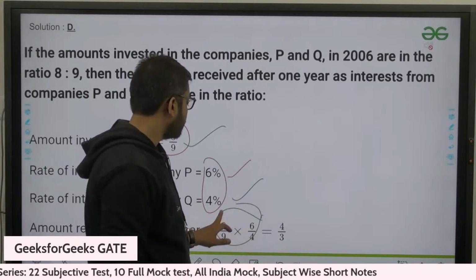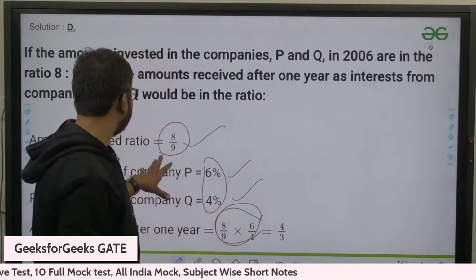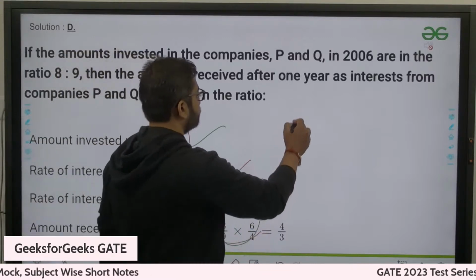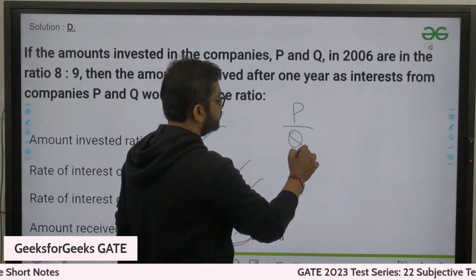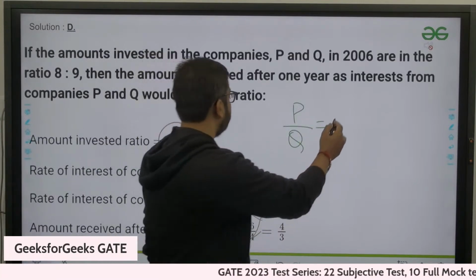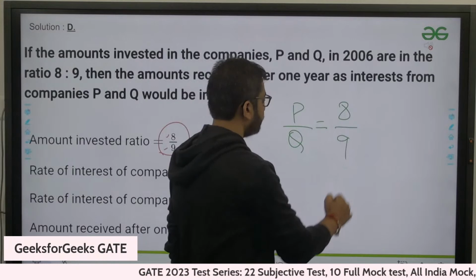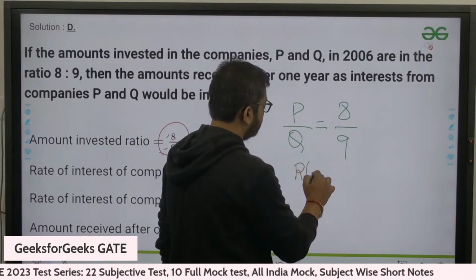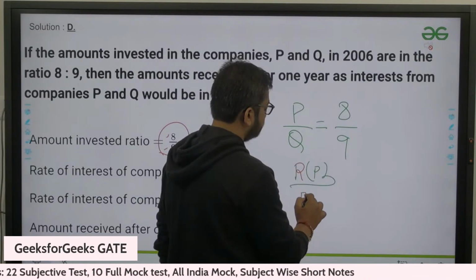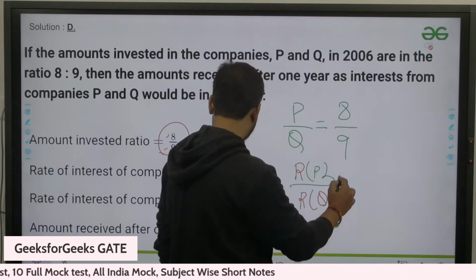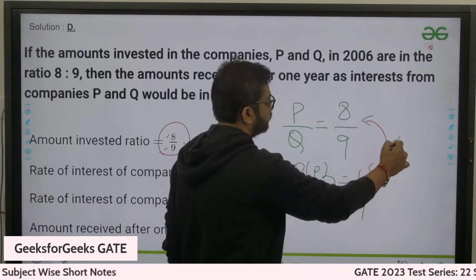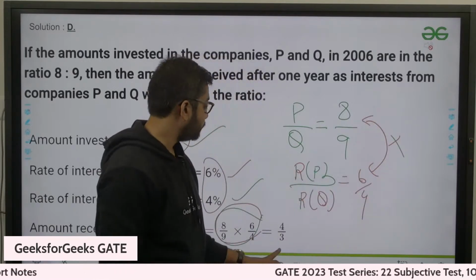In the examination it's mentioned that P is to Q is 8 is to 9, and the rate of interest in P is to Q is 6 is to 4. Just multiply this data and your answer will be 4 is to 3.